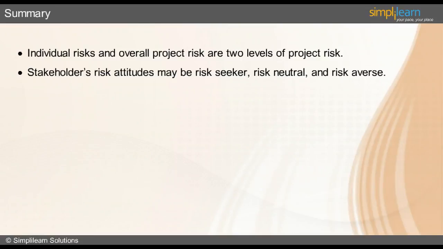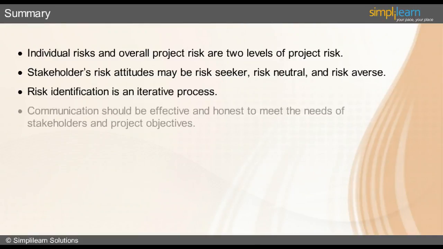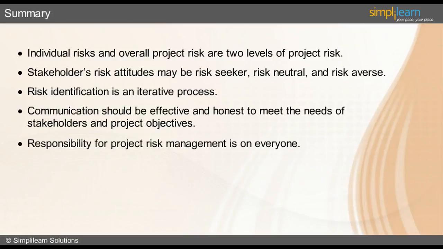We discussed the importance of communication in risk management, wherein we understood that communication should be effective and honest to meet the needs of stakeholders and project objectives. In addition, we covered the responsibility for risk management, wherein we understood that the responsibility for project risk management is on everyone. Finally, we looked into the project manager's role to carry out effective project risk management.